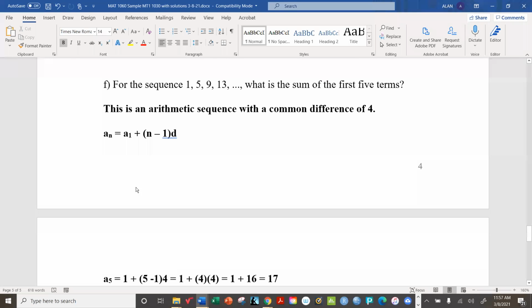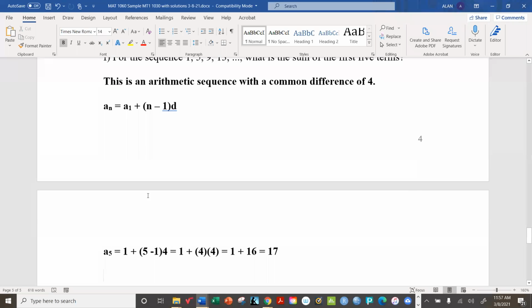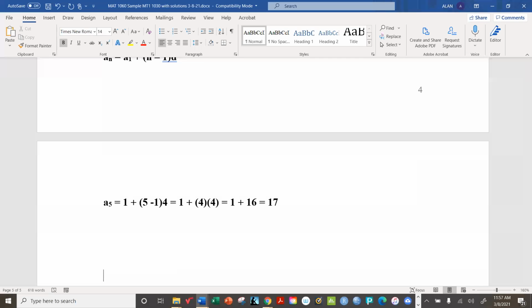So now we're done because we're looking for the sum. If you recall, and you'll have access to all of your notes and everything, so you don't have to memorize anything, the sum in this case is written as Sn equals n times (A1 plus An) over 2.